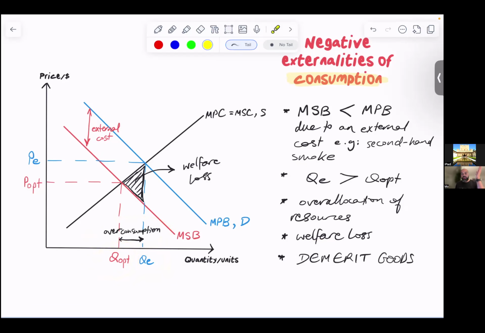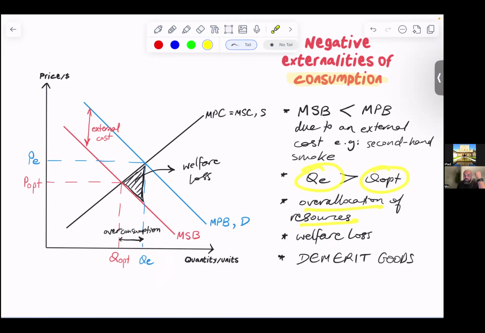Okay. So let's quickly review. The MSB is less than the MPB. The benefit to society is actually less than the benefit to the individual consumer, the perceived benefit that the consumer gets from consuming. And this is because of the external cost, like secondhand smoke in the case of cigarettes, like more road or traffic accidents in the case of drunk driving that's associated with alcohol. So that leads to QE being greater than Q opt.